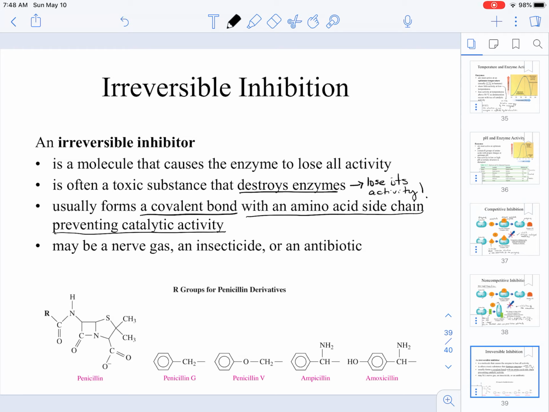So to give you guys some examples of irreversible inhibitors, some of them include nerve gas, insecticides, and even antibiotics. So when penicillin was discovered, it actually revolutionized the field of medicine because this gave the opportunity to have bacterial infections to be cured.